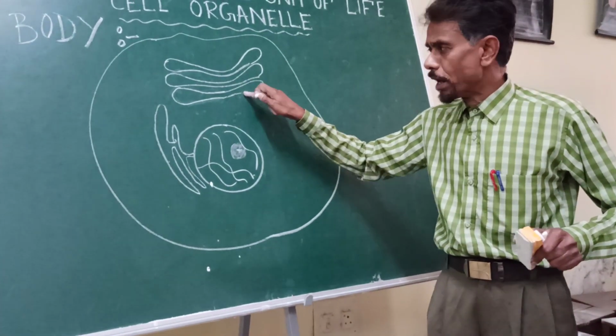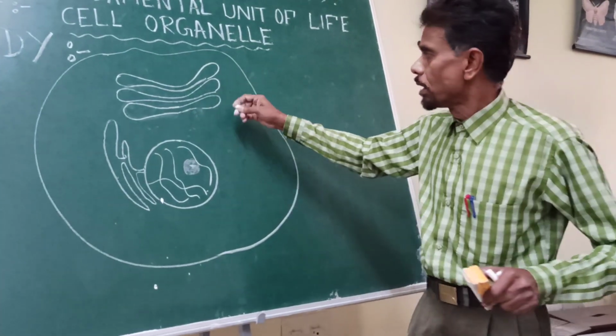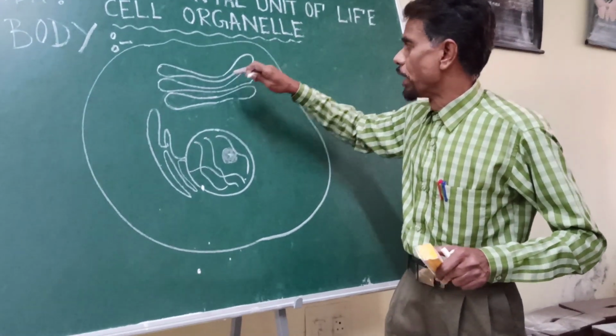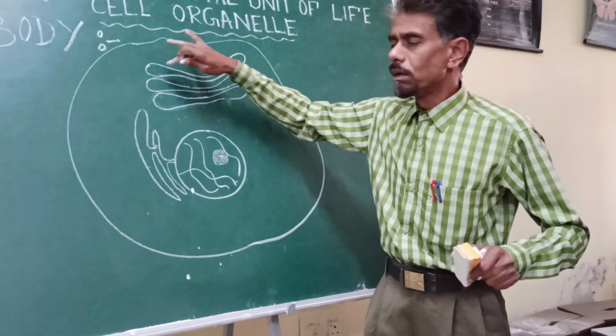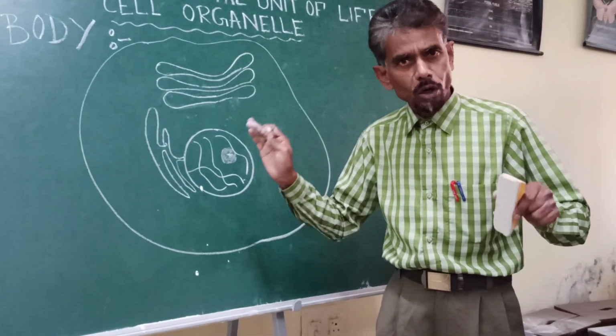So near to the nucleus, adjacent to the endoplasmic reticulum, these vesicular, tubular structures are called Golgi apparatus or Golgi body.